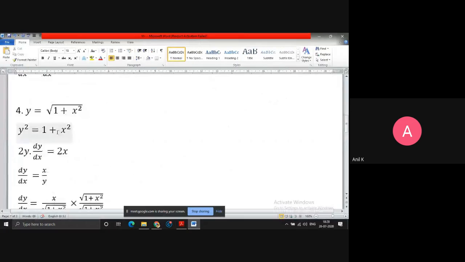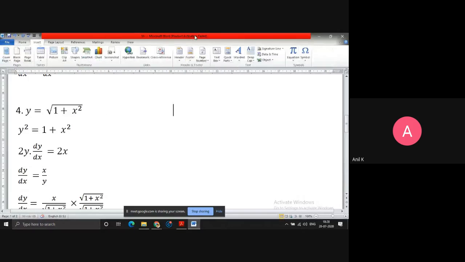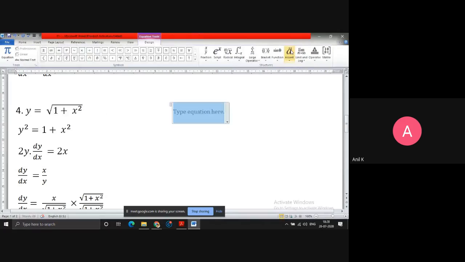Okay, so you may have a doubt. How do we know that we have to rationalize, or square on both the sides? Let me show you. If I differentiate this term directly without squaring on both the sides, what do we get? Here itself I'll do dy by dx.